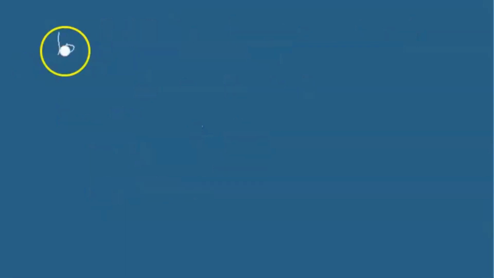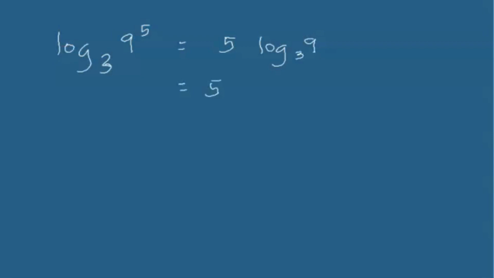Now let's have the logarithm of 9 to the 5th power to the base 3. The power rule is we put 5 here times the logarithm of 9 to the base 3. So 5 times the logarithm of 9 to the base 3, which is 2, is equal to 10.